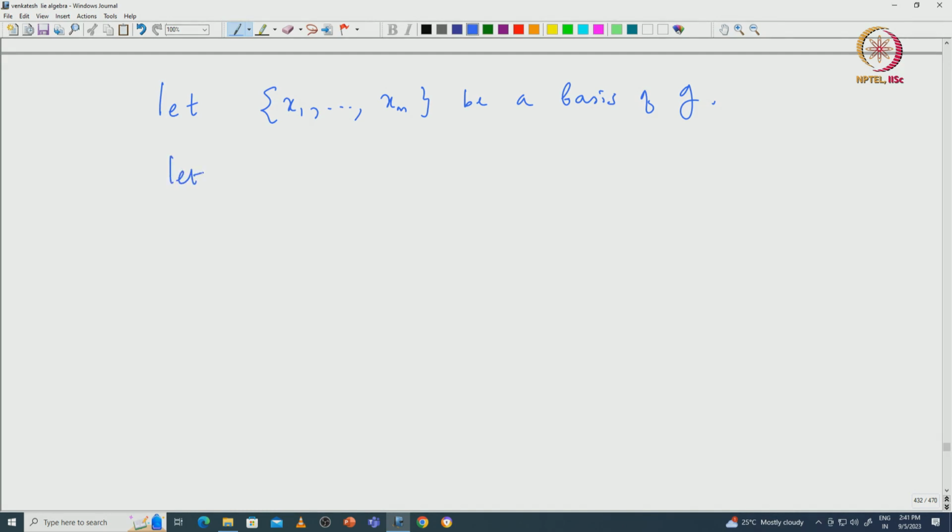So, let y1 etc. ym be the dual basis of this x1 etc. xm.